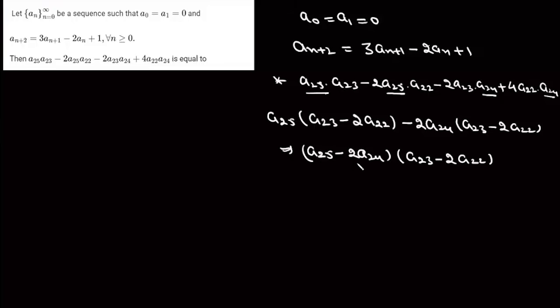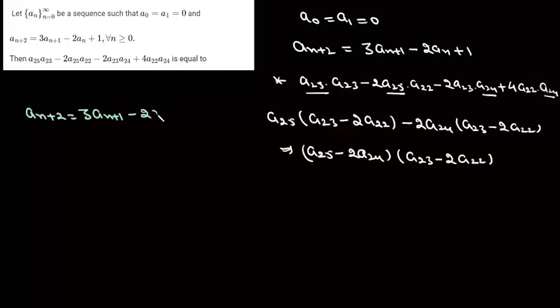So now we'll come to this given relation. We are given that a_{n+2} is 3 times a_{n+1} minus 2a_n. Now we can take one of the a_{n+1} on the left hand side. We can write a_{n+2} minus a_{n+1} will be equal to 2 times a_{n+1} minus a_n.